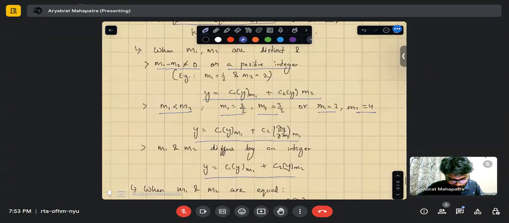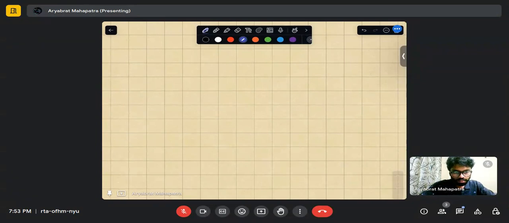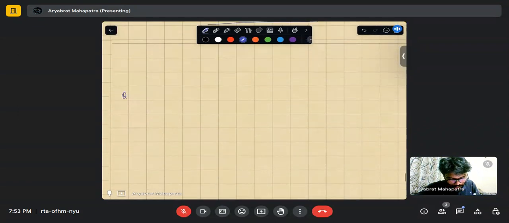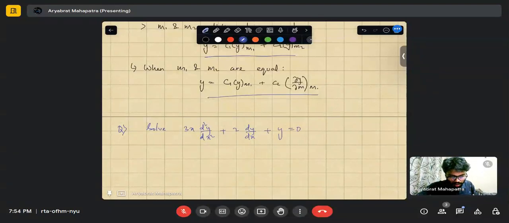Let's solve a question. Solve 3x d square y by dx square plus 2 dy by dx plus y equals 0.